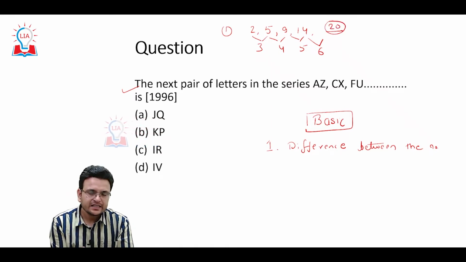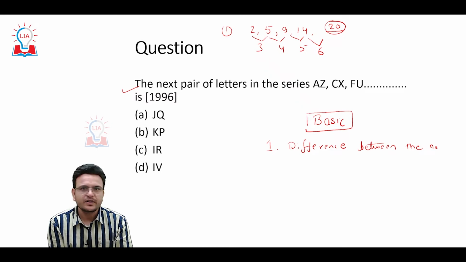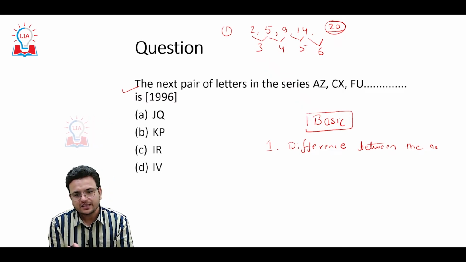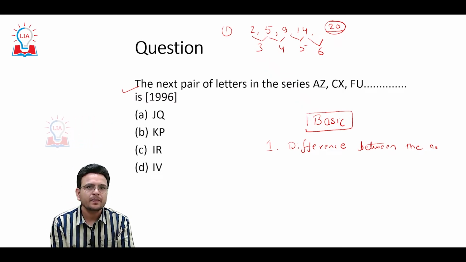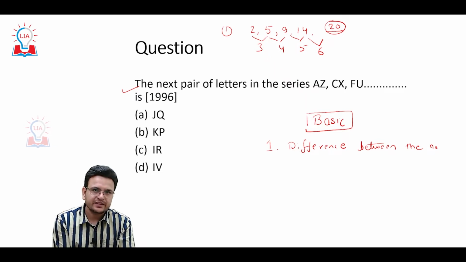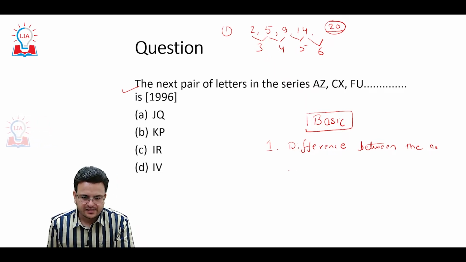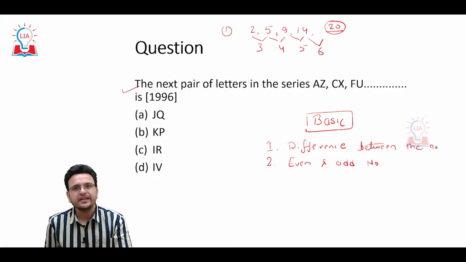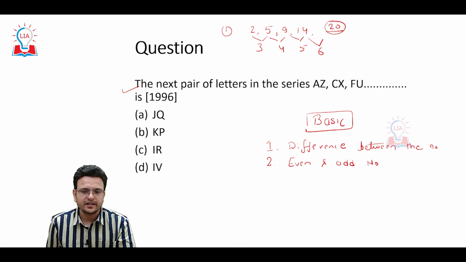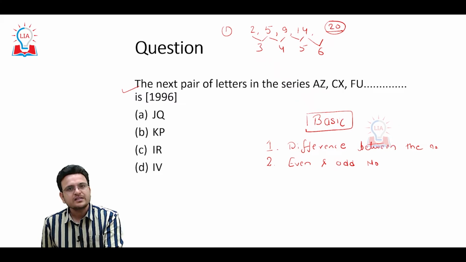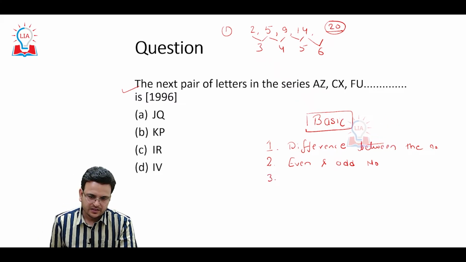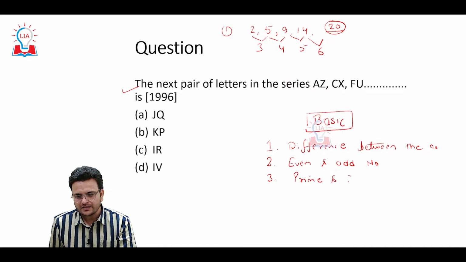So whenever any series comes in front of you, first of all we have to see the difference of the numbers given in the series. After difference, you have to see even and odd numbers. It simply means whenever the difference is not working, you have to see whether the numbers are even or odd, then prime and composite numbers.